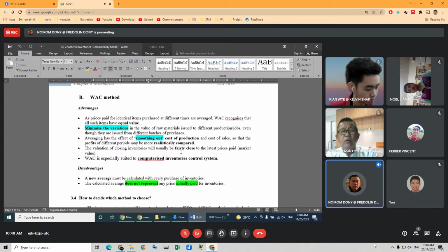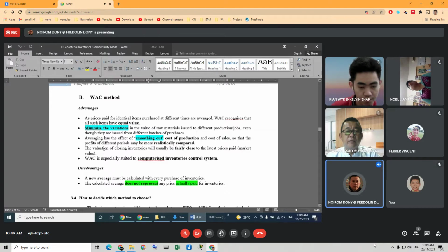You already consider every aspect of the price. So it gives you a more meaningful comparison. That is, averaging has the effect of smoothing out, resulting in a more realistic comparison.